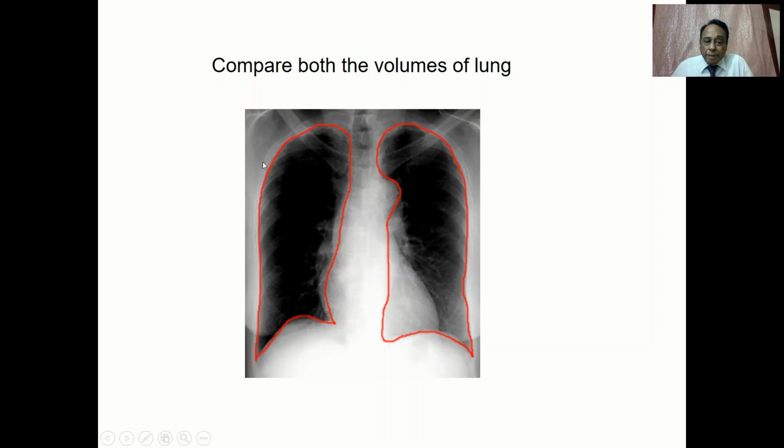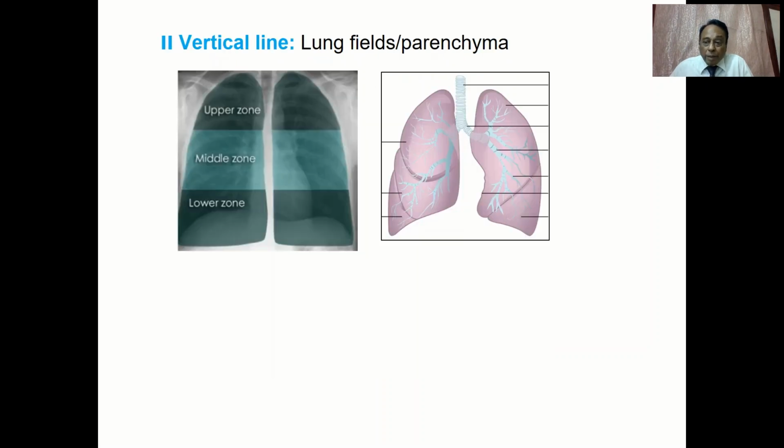Normally, the right side has a bigger volume than the left because on the right side there are three lobes, right upper lobe, right middle lobe and lower lobe, whereas on the left only two lobes. So naturally you have to compare, and any discrepancy you have to think of why that is happening. Is there any fibrosis or any hypoplasia or collapse? All these things you have to analyze.